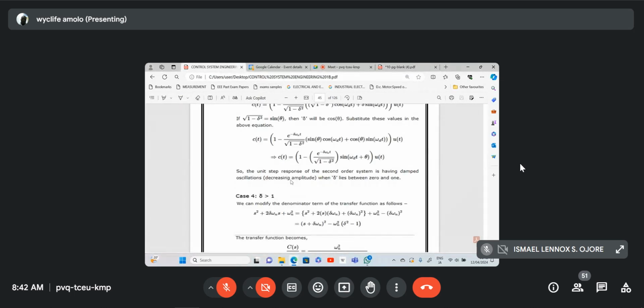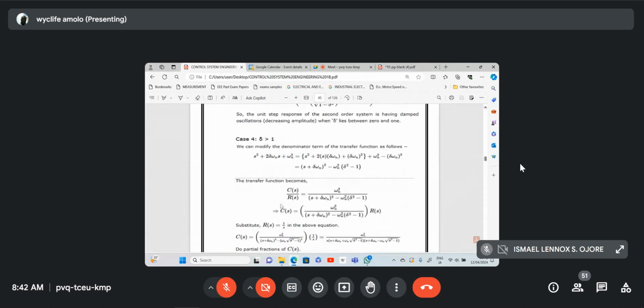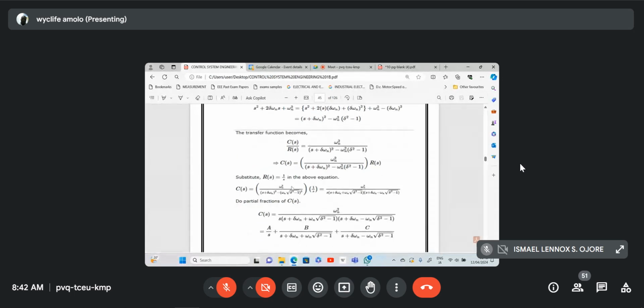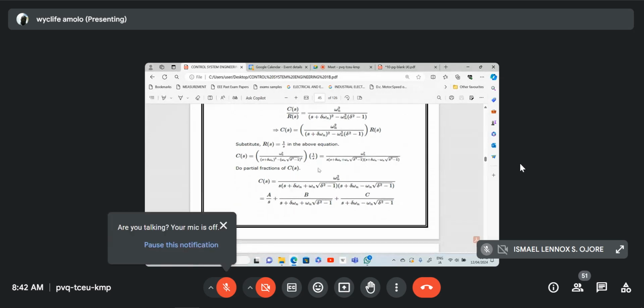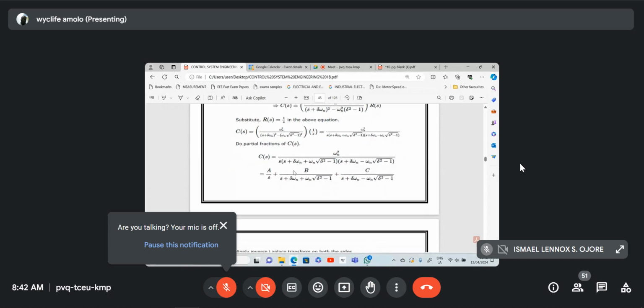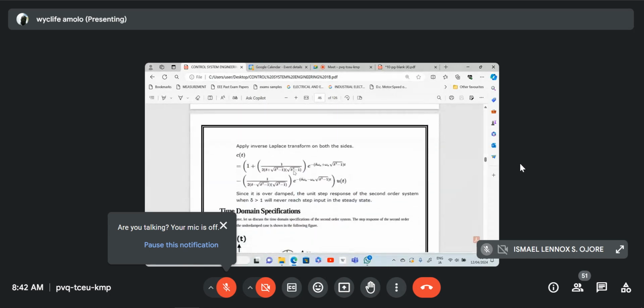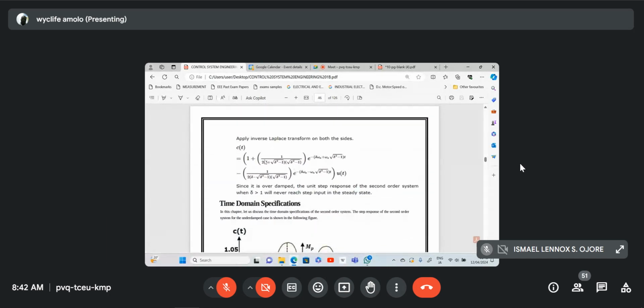But in any case, if this delta is greater than 1, and you substitute one of s, you'll get some kind of this equation, this minus this.